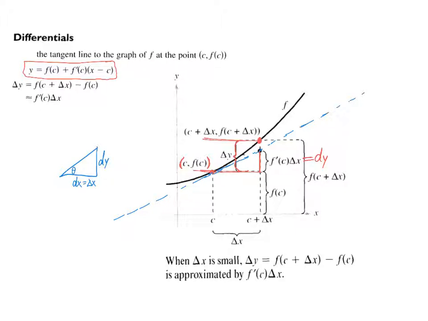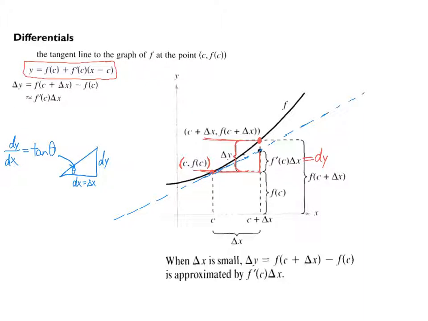Well, that angle is the inverse tangent of the slope. The slope is dy over dx, and that's tangent of theta.